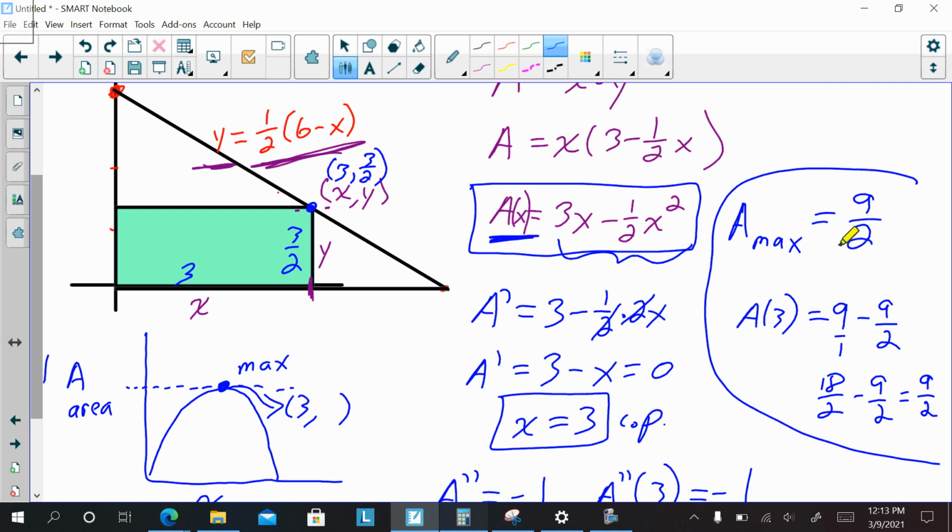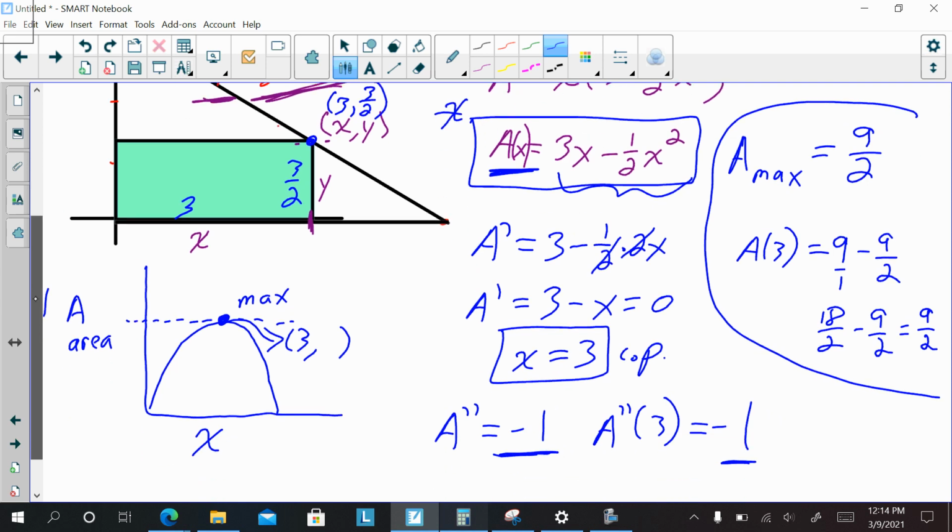So that's the largest area that we can get under these restrictions, that we're bounded by the y-axis, the x-axis, and then it comes over and touches that line. So this line helps give us this function, and then we optimized that function.